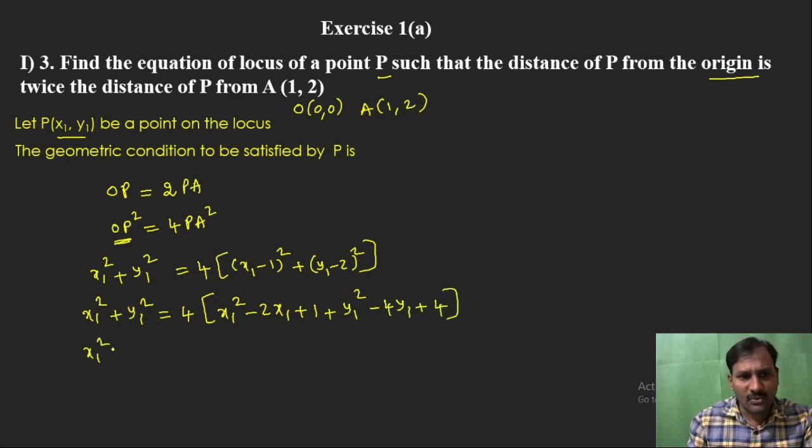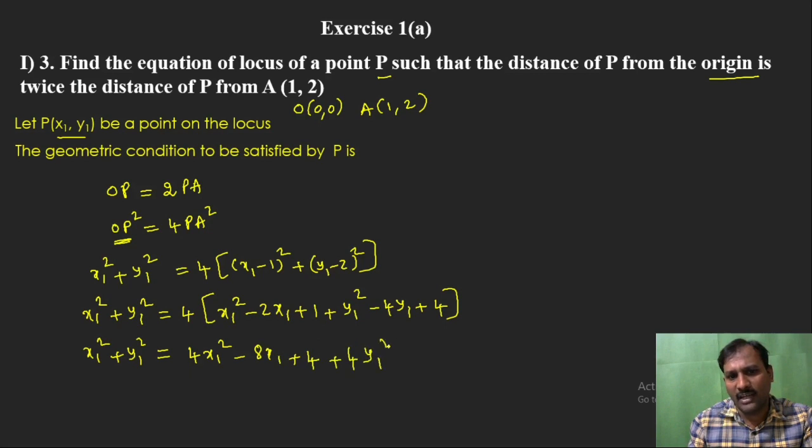Now multiply every term by 4: 4x1 square minus 8x1 plus 4, plus 4y1 square minus 16y1 plus 16.